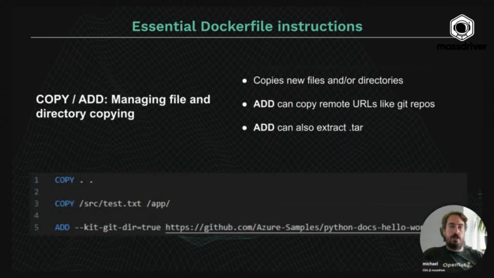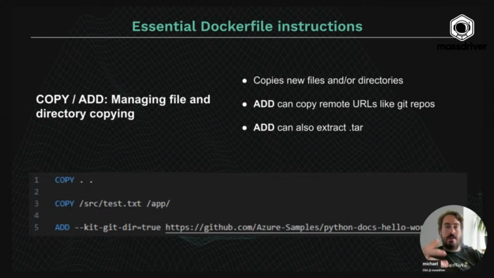The COPY instruction copies files and directories from a source path to a destination path within the container. The ADD instruction works similarly, but has additional features, such as the ability to copy from remote URLs and automatically extract tar files into the container. Let's break down the example in the image.